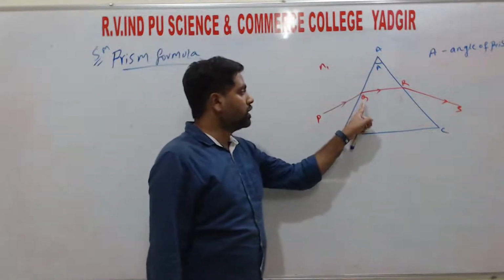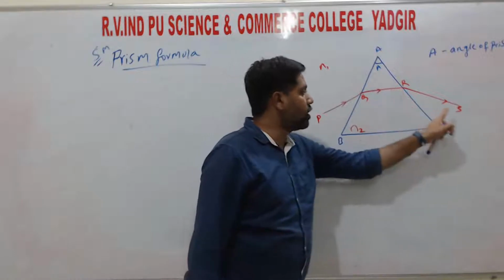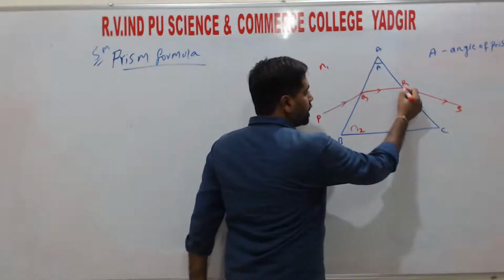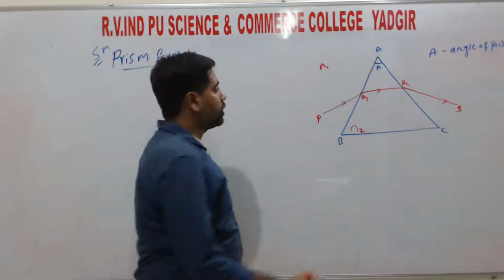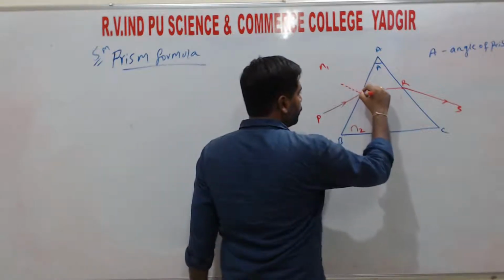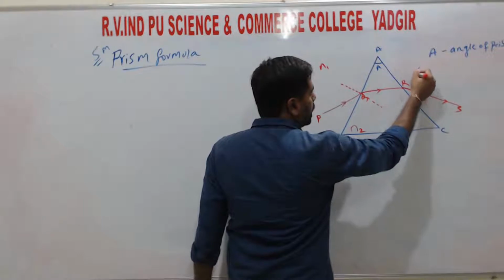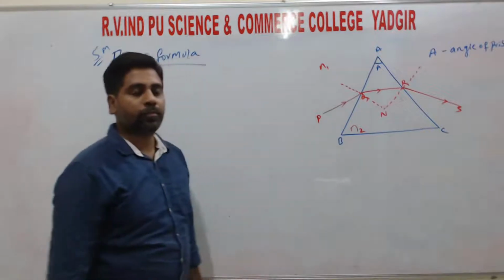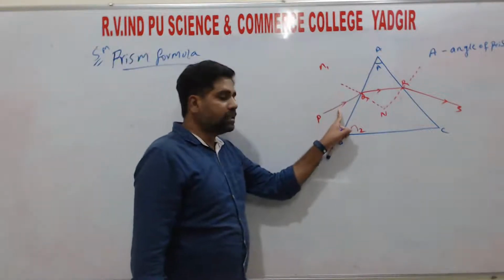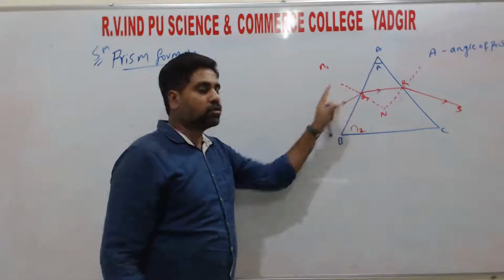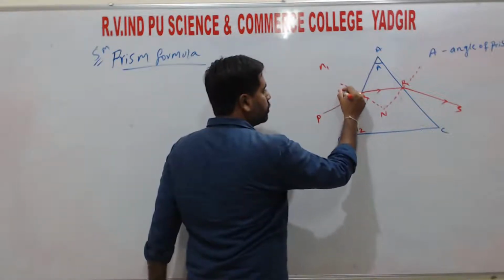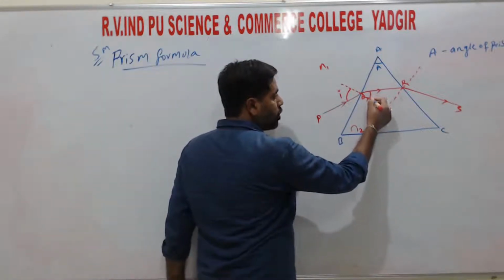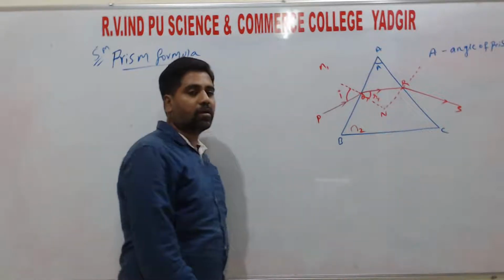So PQ is the incident ray, QR is the refracted ray, and RS is the emergent ray. Point Q is the point of incidence and R is also a point of incidence. If we draw the normals at Q and R, calling the point of intersection N, the incident ray makes an angle with the normal, which we call the angle of incidence. The refracted ray makes an angle with the normal, which we call the angle of refraction R1.